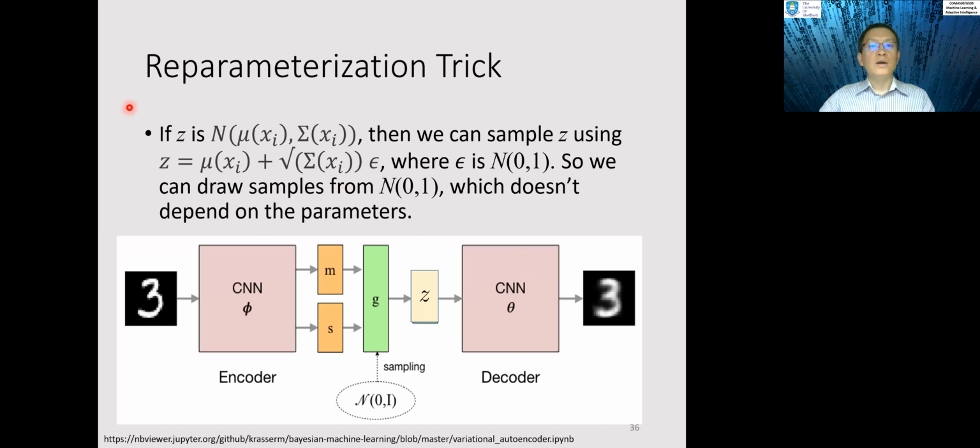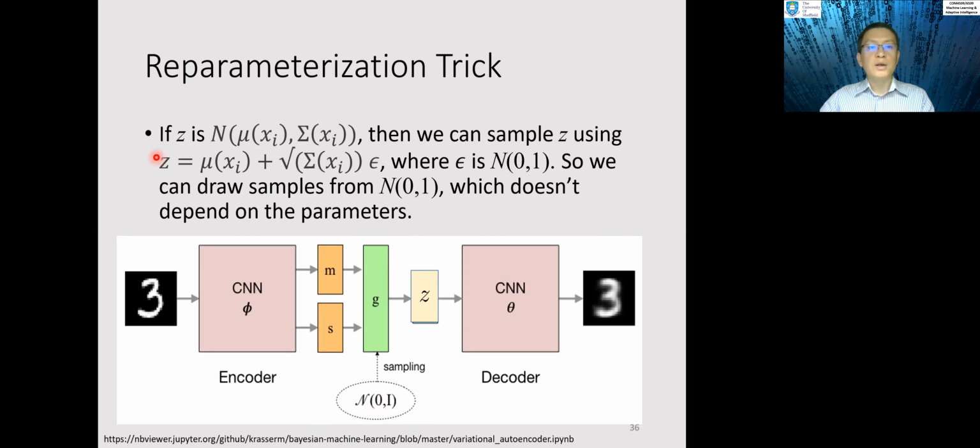Therefore, a reparameterization trick has been proposed. This is a clever trick so that we can have differentiable parameters.